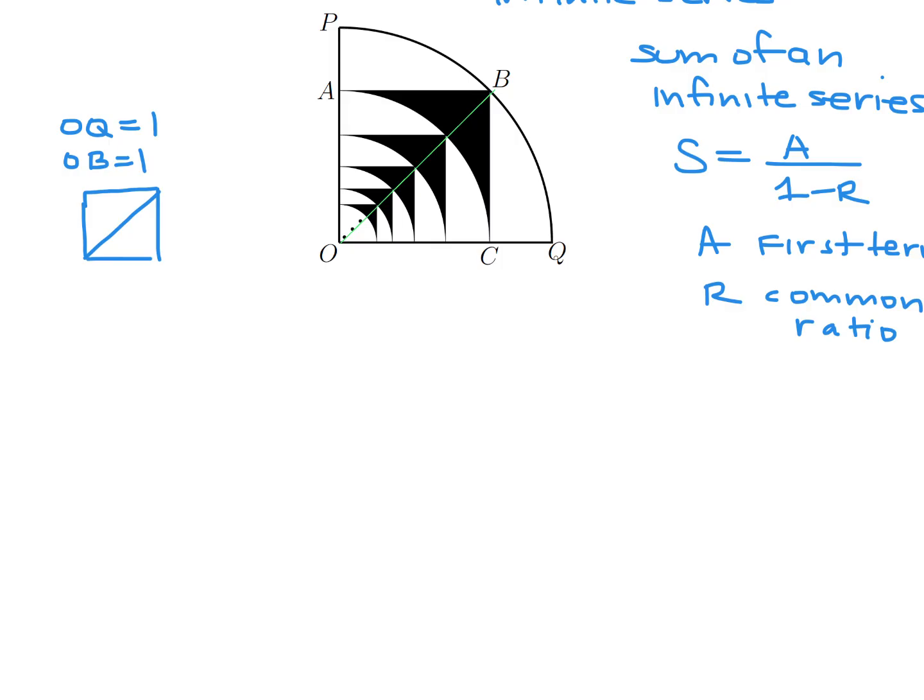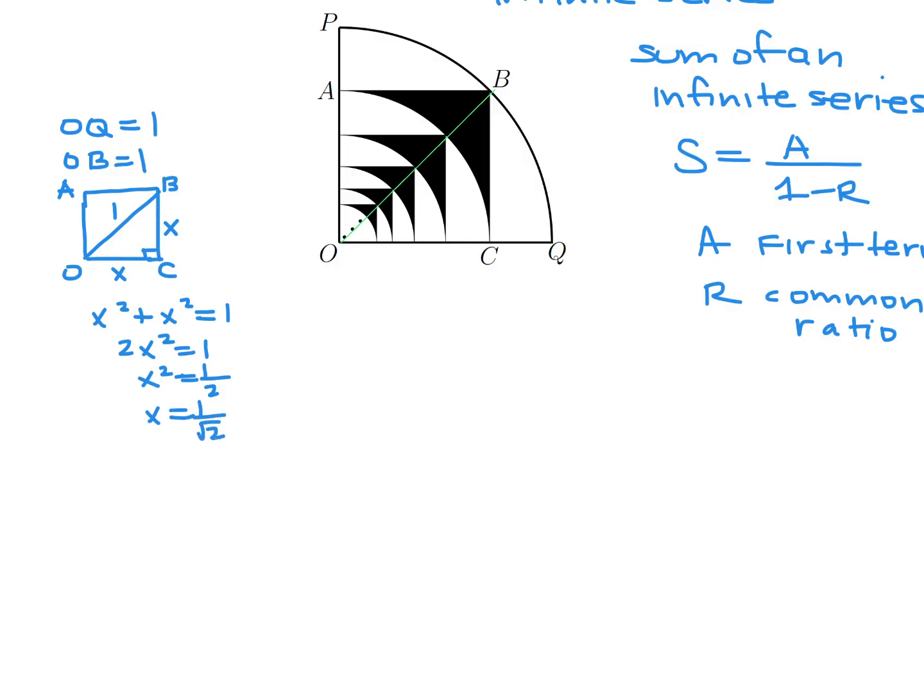So that square that initially was A, B, C, and O, that OB is 1. So I want actually the sides BC and OC. Well, that can be figured out with Pythagoras fairly easily, right? So we have x squared plus x squared is 1. 2x squared is 1. x squared is a half. And therefore x is 1 over root 2.